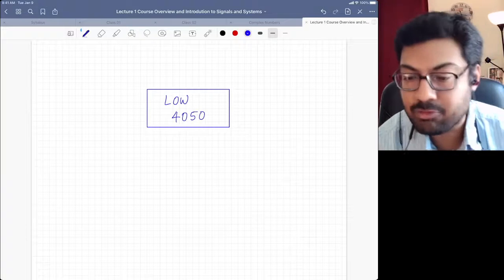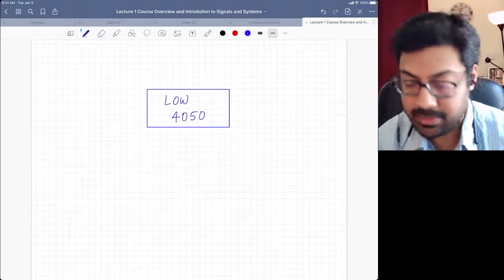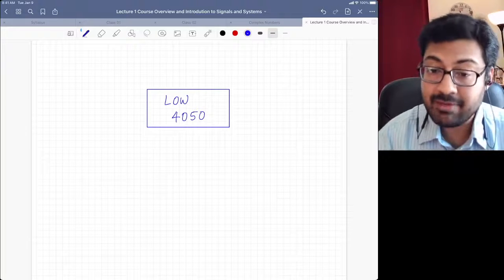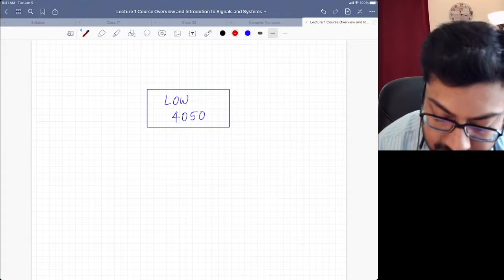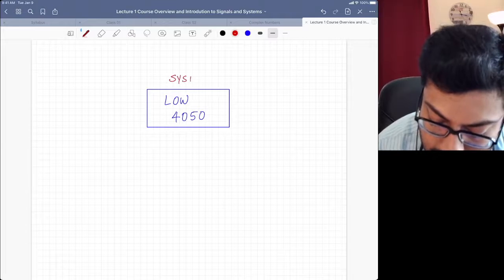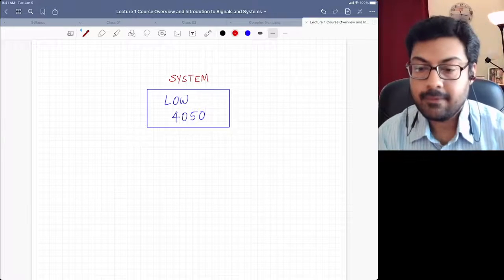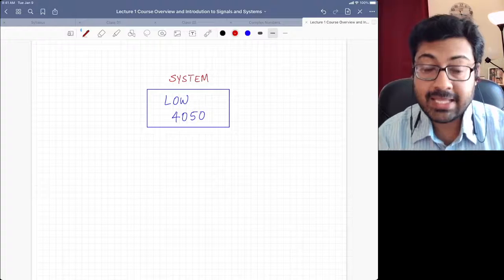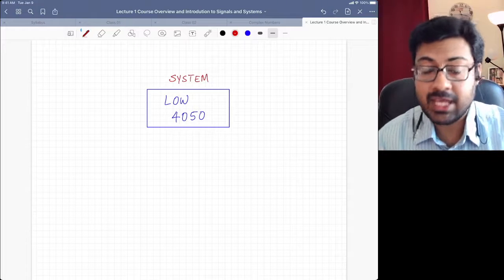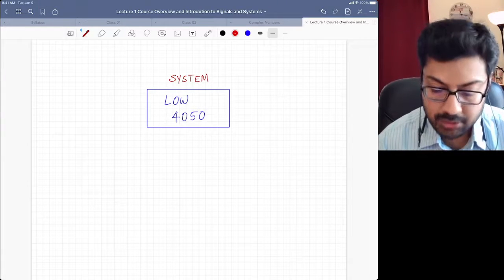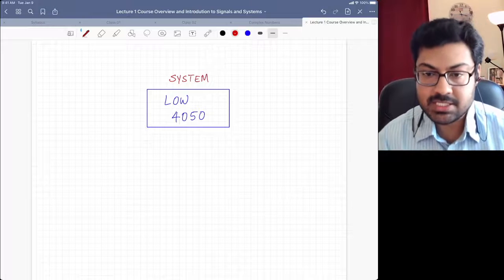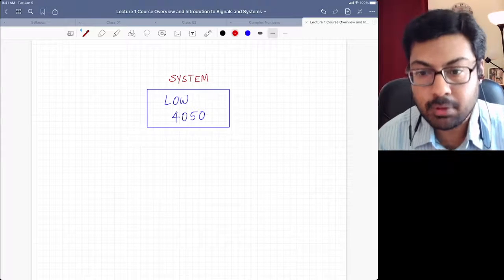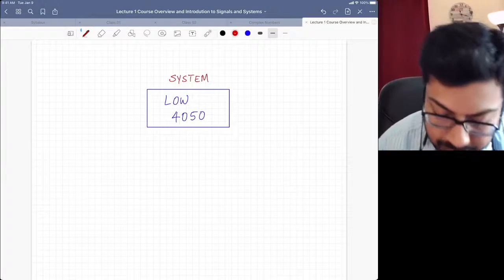This is going to be the classroom we are going to be in, right, starting Thursday. So suppose we were in this room and I'm making this my system. Right? And then I'm going to be there in front of the class delivering a lecture. So my voice is going to be sort of the input to this system.